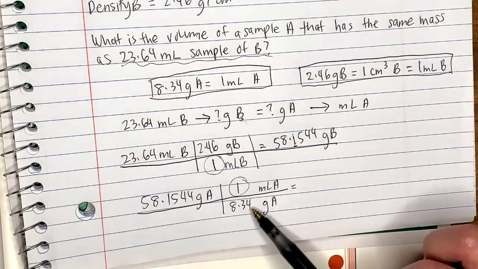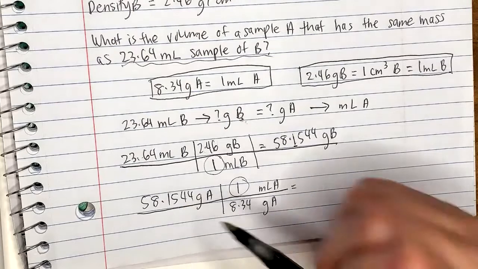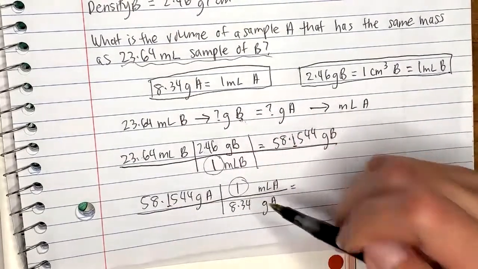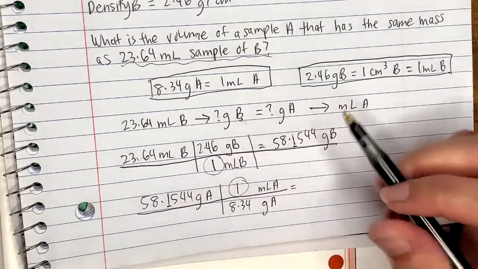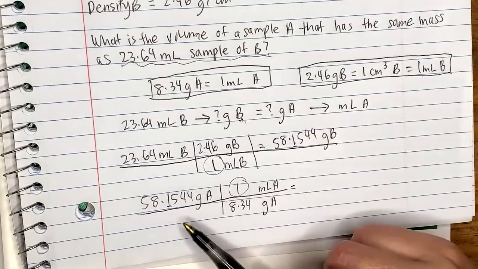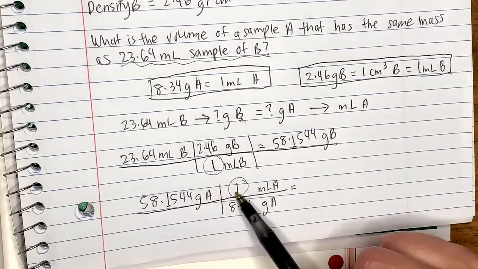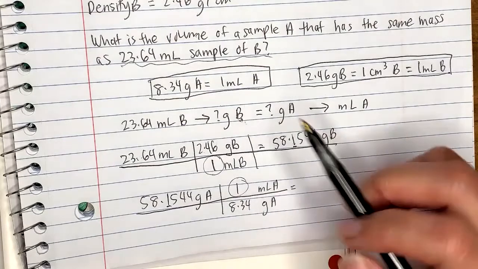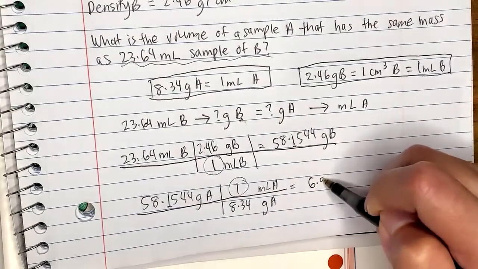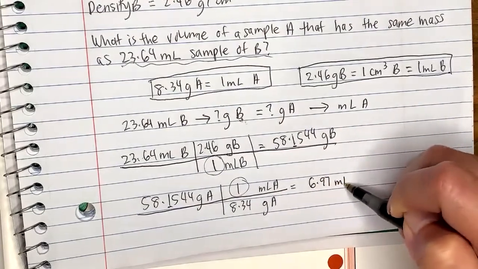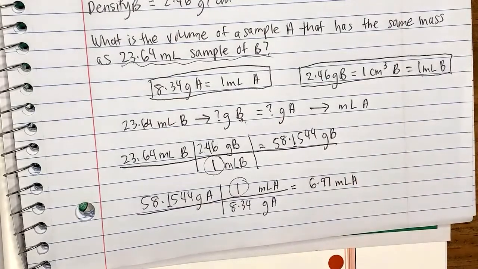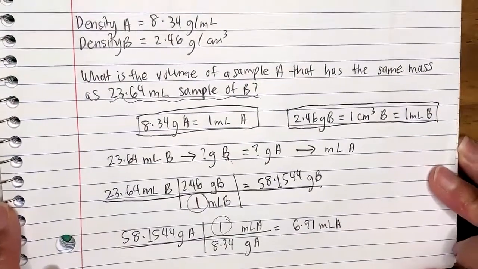We just look at the smallest of the other numbers. In this case, this one had 3, this one has 3, so my answer is going to have 3 sig figs. When you put this in your calculator, you take the top number, multiply by 1, divide by 8.34, and you will get 6.97 as your answer. And that's my answer for this question right here. Okay?